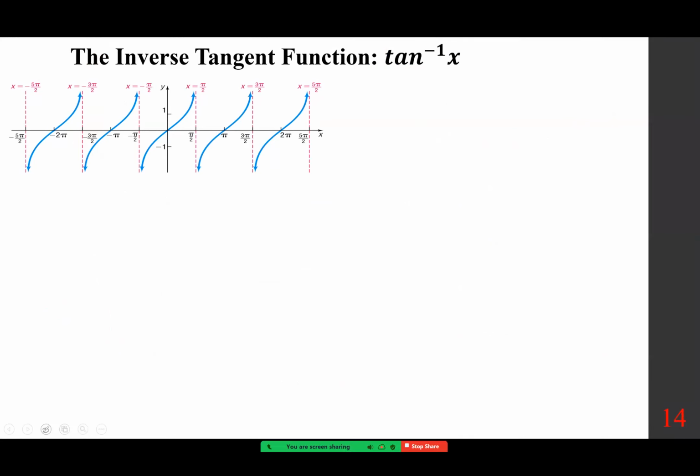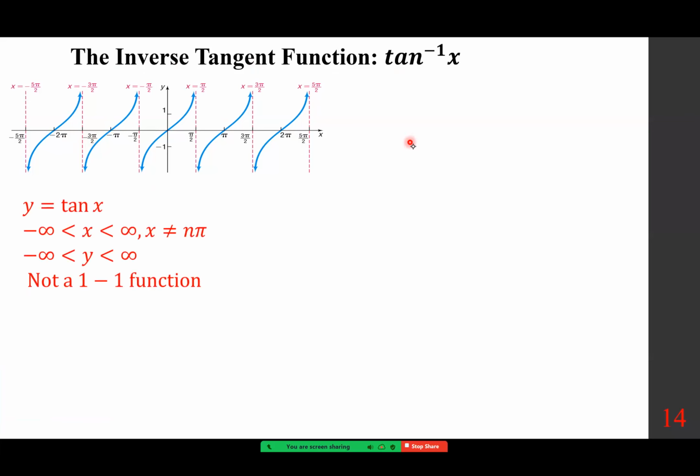Tangent functions. As I mentioned, none of the trigonometric functions are one-to-one. None of them has an inverse unless you restrict it. And tangent is a periodic function, and therefore it doesn't have an inverse unless we do the restriction. So y equals tan x goes between negative and positive infinity, and y is between negative infinity and infinity.